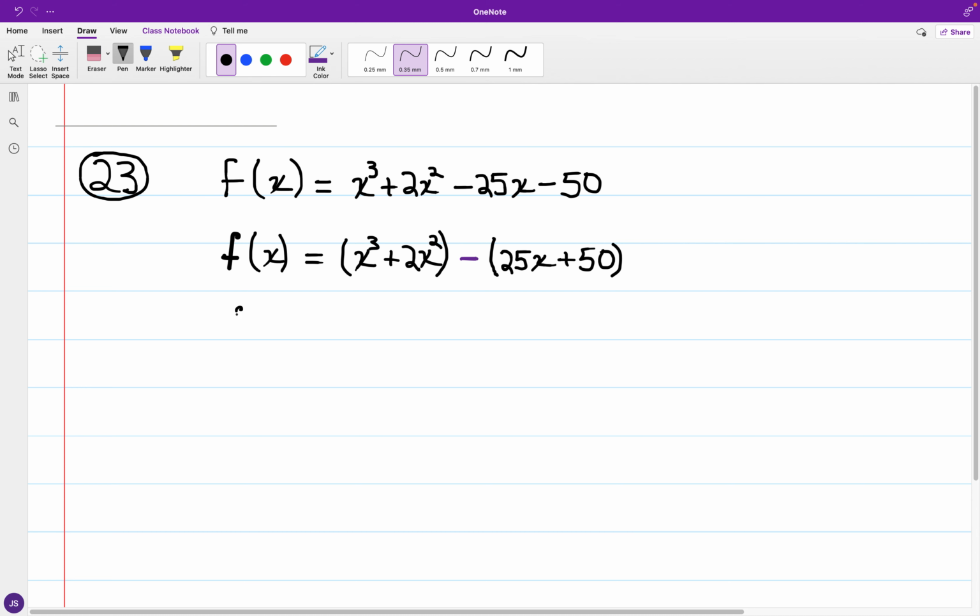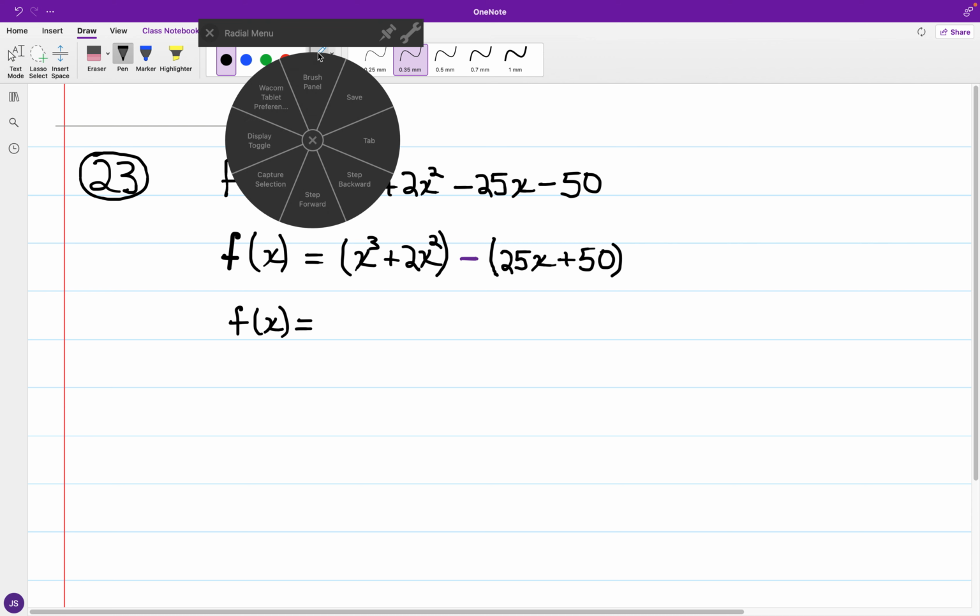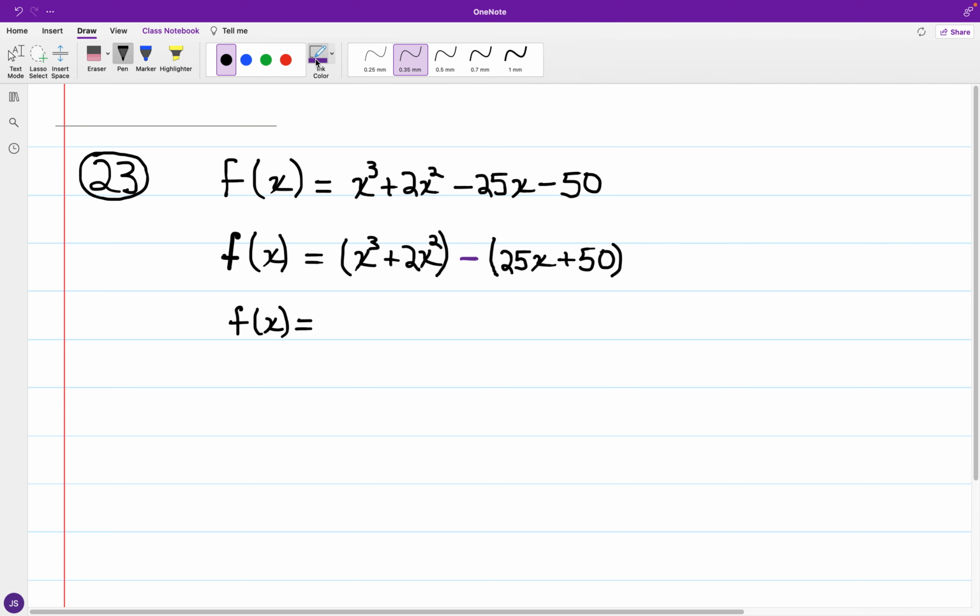Now, in drawing out the greatest common factor from each of the pairs, we have x cubed and 2x squared. Both terms are in the variable x, and the greatest common factor is going to be the lower degree appearance of x, in this case x squared.